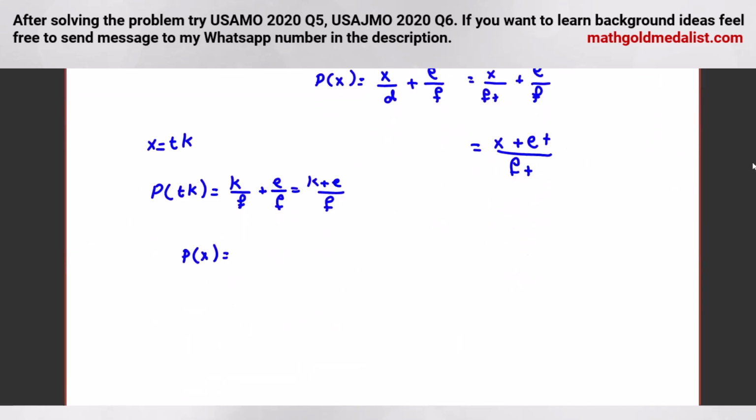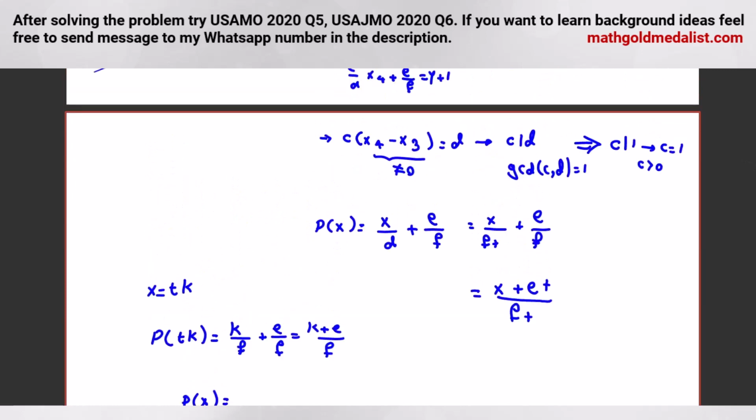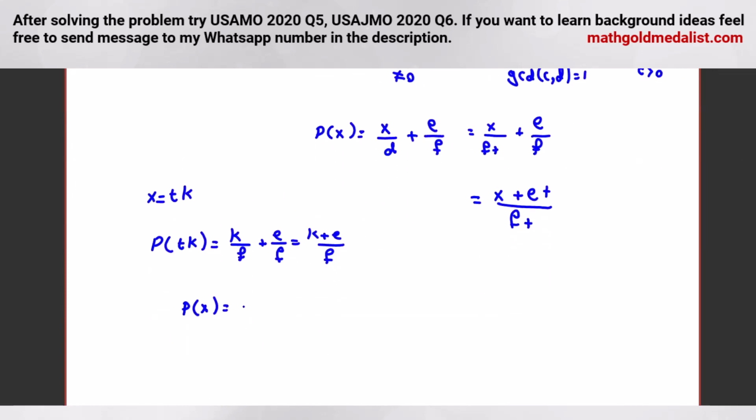Okay, so p of x is equal to, now we can say c over d, c was 1 plus minus x over ft plus e over f, right? When degree is 1, right? And we proved that degree of p of x should be odd, right?